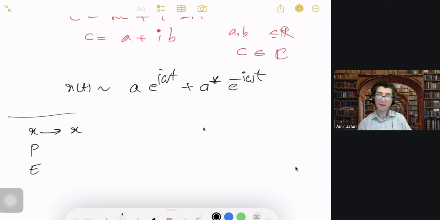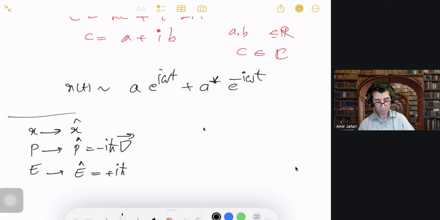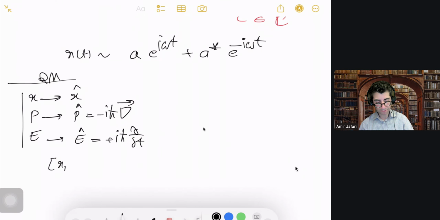So you promote position to an operator, momentum to an operator, which is basically this operator in terms of the gradient operator. H bar is Planck's constant, i is the complex number, and energy is also promoted to an operator, which is a time derivative basically. This is called first quantization. And it turns out that between x and p there should be some commutation relations.